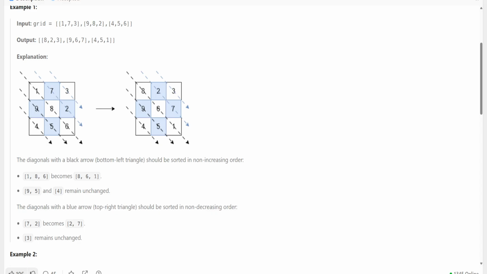Very first, the values we have are at 0 0, then 1 1, and then 2 2, meaning 1, 8, 6 I'm talking about.